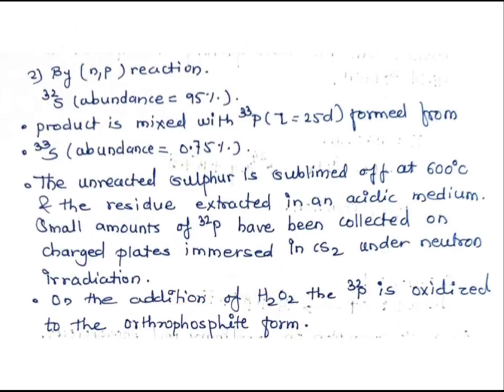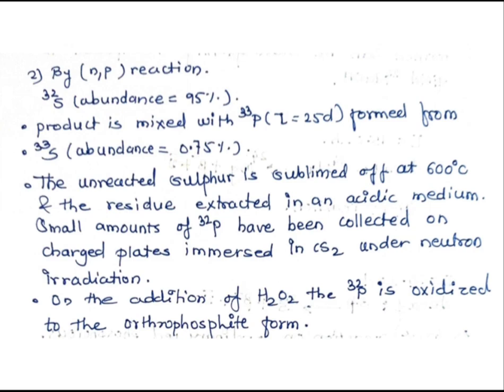So we will see first what the N-P reaction is for the production of phosphorus 32. By the N-P reaction on sulfur 32, the product, though carrier free, is mixed with phosphorus 33. The tau of phosphorus 33 is around 25 days, and this phosphorus 33 is formed from sulfur 33.